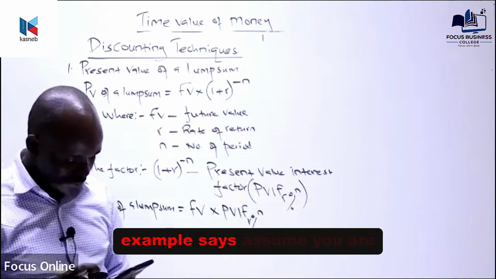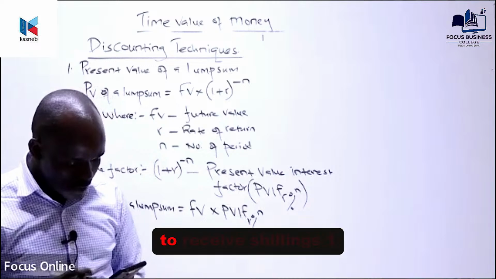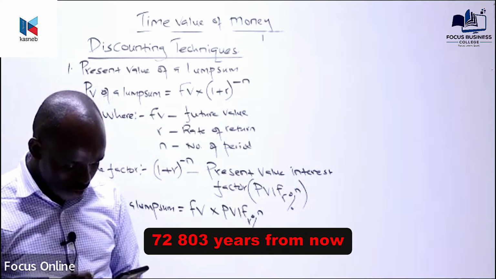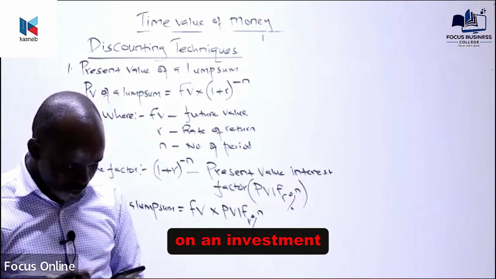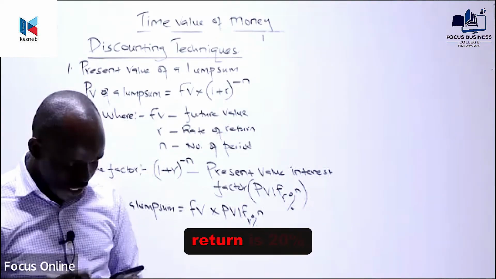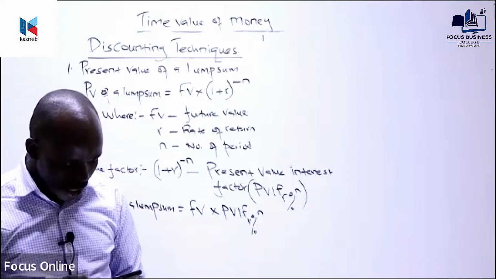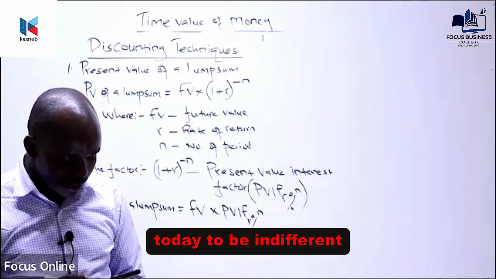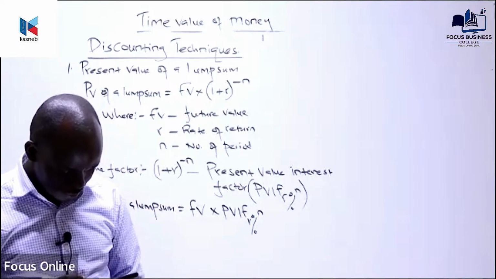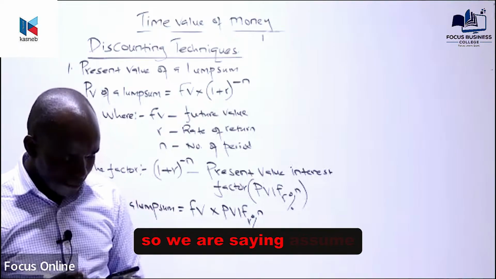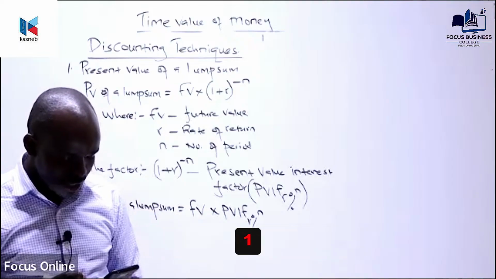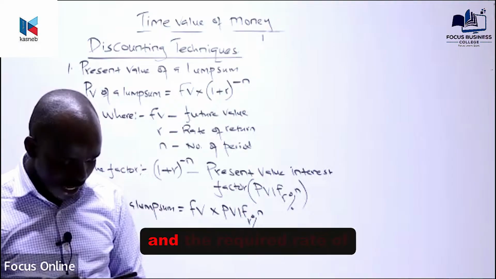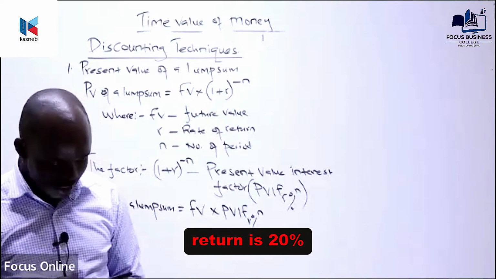Example says, assume you were to receive shillings 172,800 three years from now on an investment, and the required rate of return is 20%.